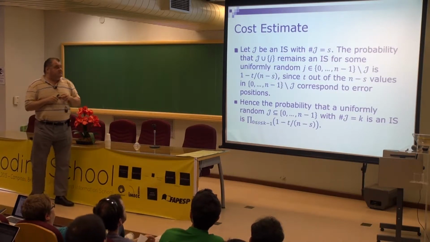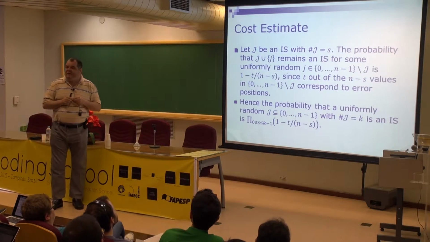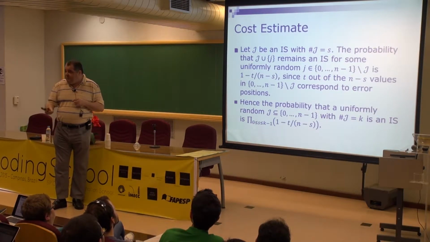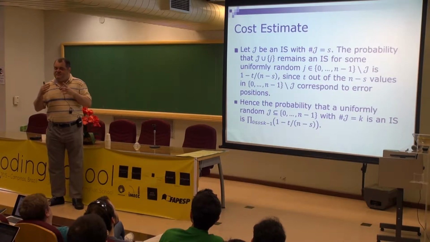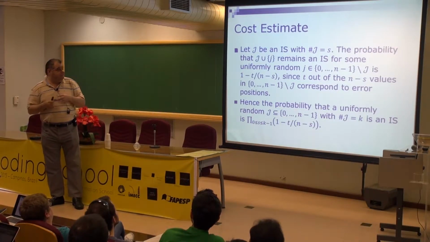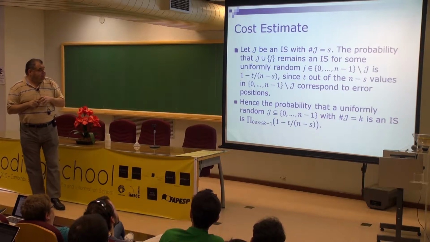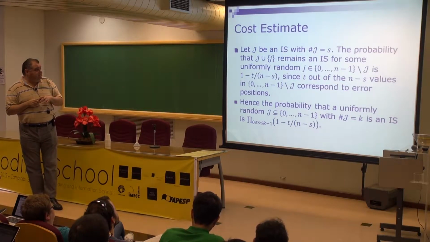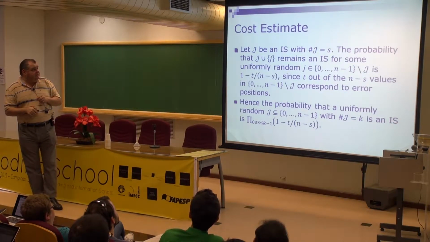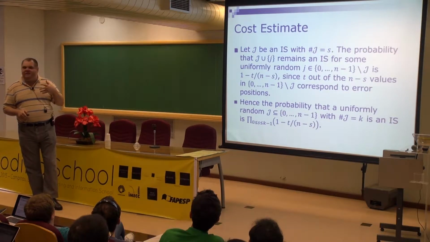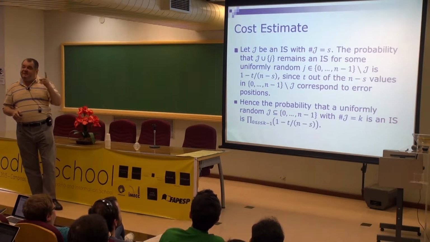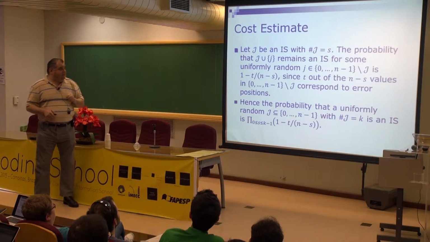Then what is the expected number of attempts we have to perform until we get a successful decoding? So suppose that we have an information set with S positions, S coordinates. Our objective is to get an information set with K coordinates.